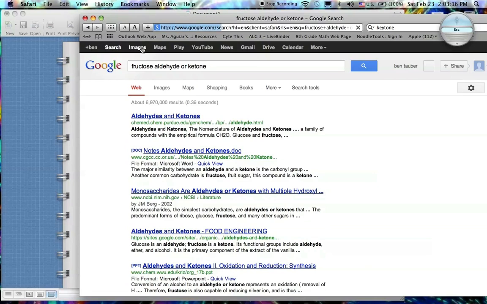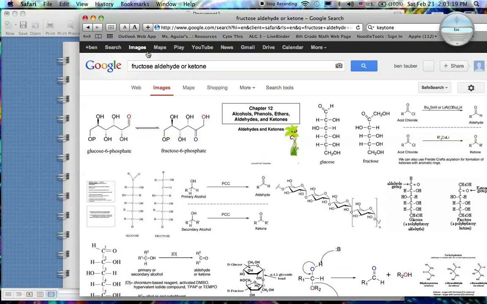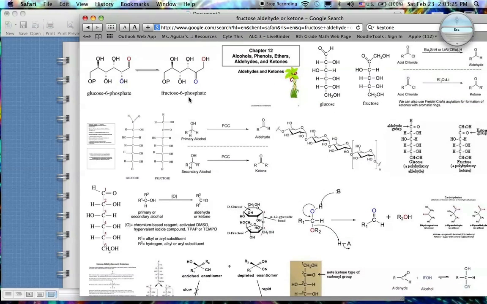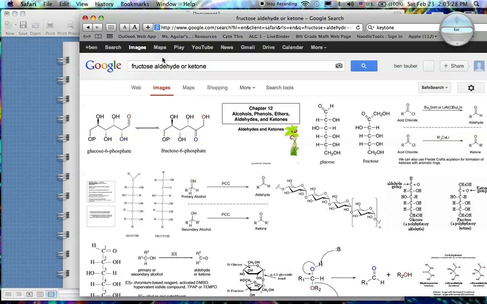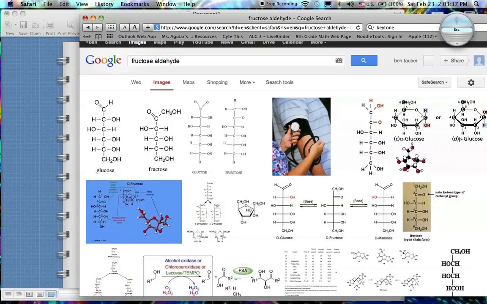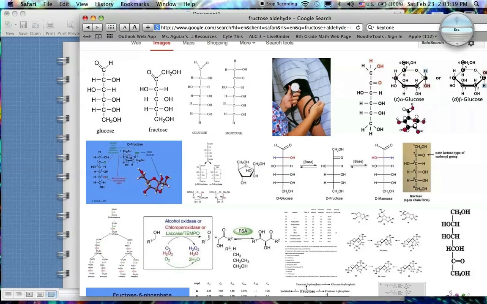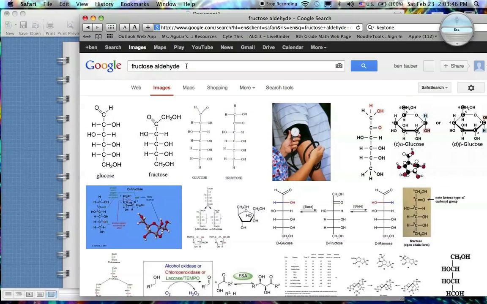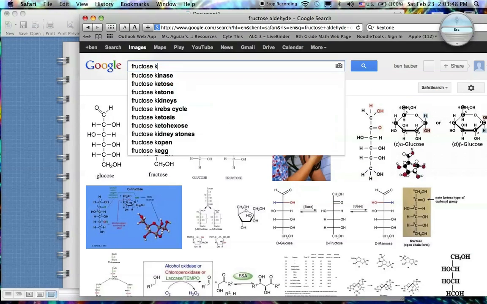So what I'm looking up here is there are two things called an aldehyde and a ketone, and that just talks about the structure of the sugar, and I'm not sure which one's which, so that's what I'm trying to find right now.